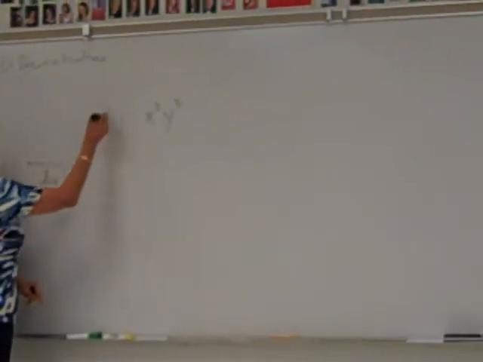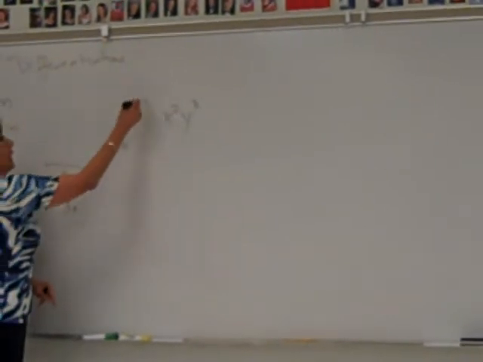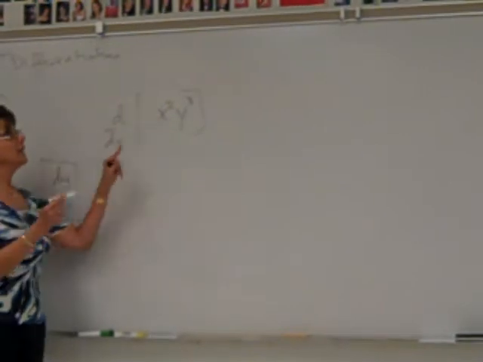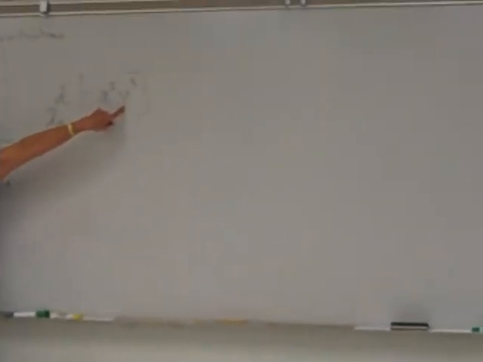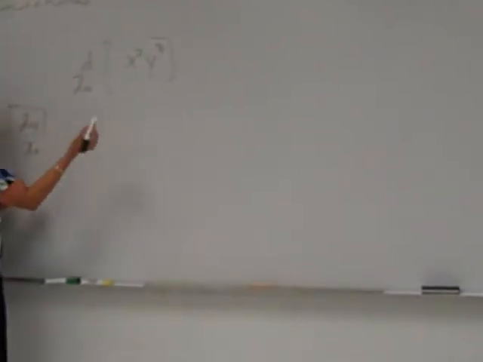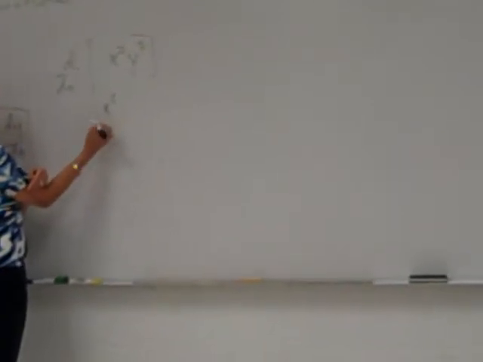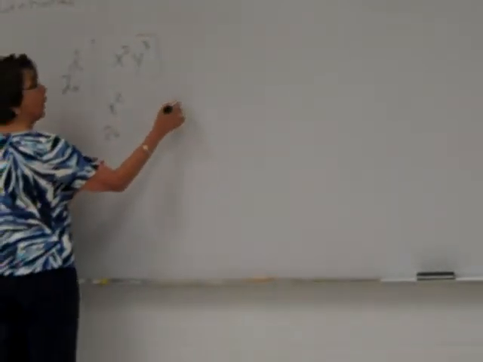Here, I am going to take the derivative of this monomial, okay? This is how I'm taking the derivative, all right? So what are the x and the y doing to each other? Multiply. What must I use? Product rule. So in order to do this, I have my x squared. What is the derivative of x squared? 2x. My y to the third.